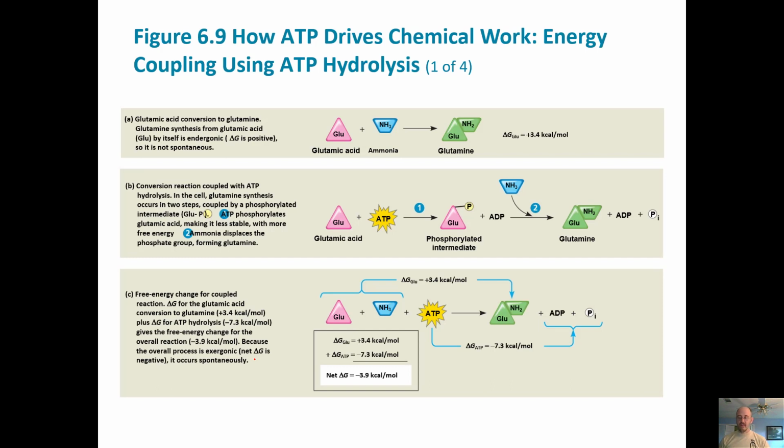There's another figure showing the same thing in your book. It's a different reaction, but the same idea. When we're making glutamine here, glutamic acid plus ammonia yields glutamine, which has an increase in energy. That's an endergonic reaction. But of course, to do that, you need to get energy from ATP. And overall, when you look at the amount of energy lost from ATP to fuel this reaction, we can see that it actually loses a little bit of energy in the process.